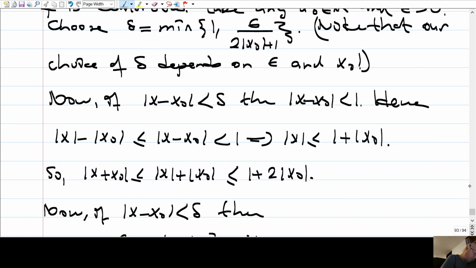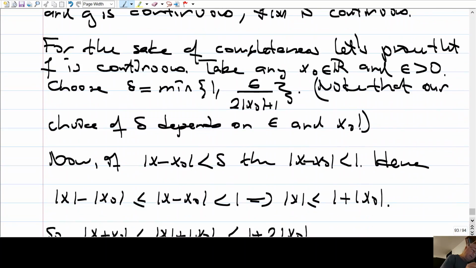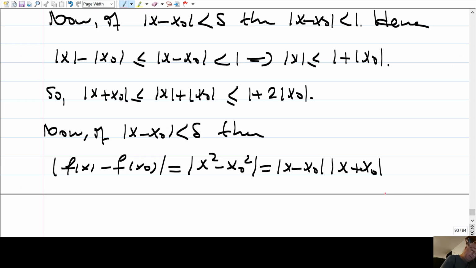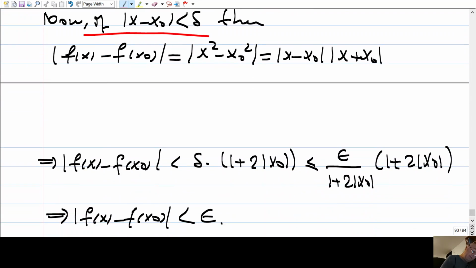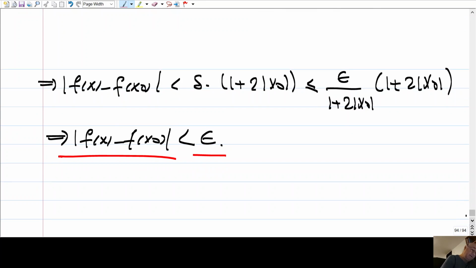So what we have obtained is then, okay, I started with any x0 and epsilon. We choose some delta so that if |x minus x0| is less than delta, then |f(x) minus f(x0)| is less than epsilon.